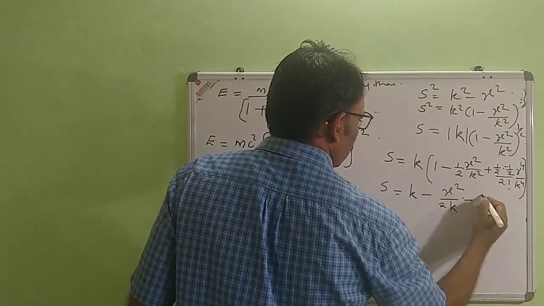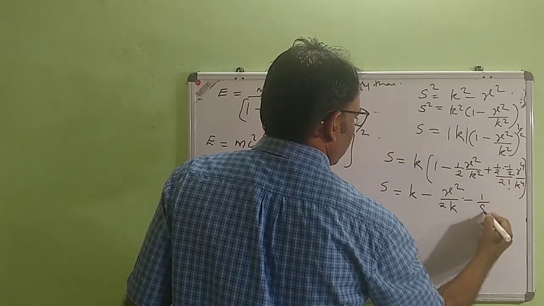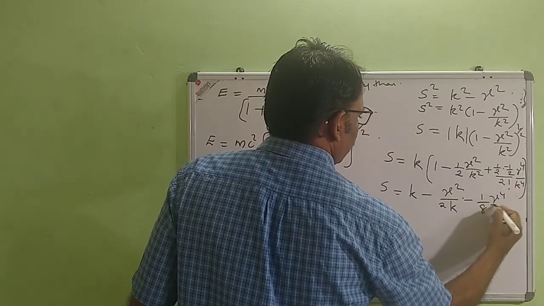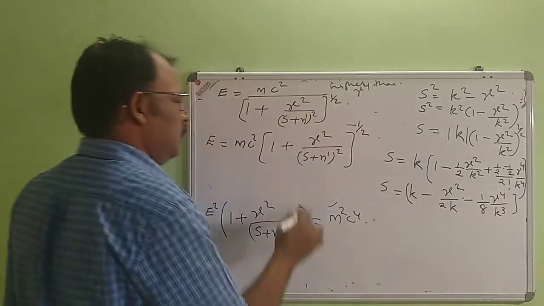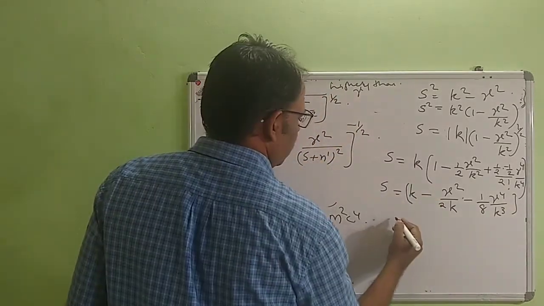So this is minus 1 by 2 into 2 into 2, 8 gamma raised to 4 by k cube. So this is s. In the denominator we are having s plus n prime.